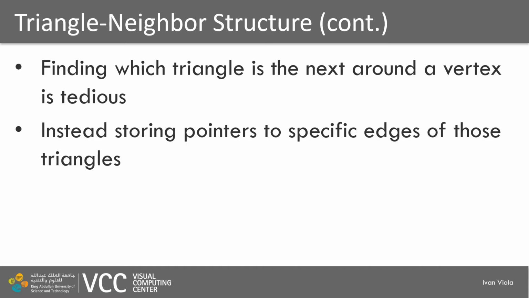And that can be circumvented by another approach, just a slight modification of the triangle neighbor structure, so that instead of trying to find the particular triangle where to proceed, we will actually be able to easily compute it.